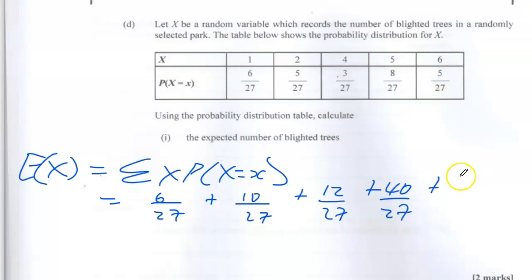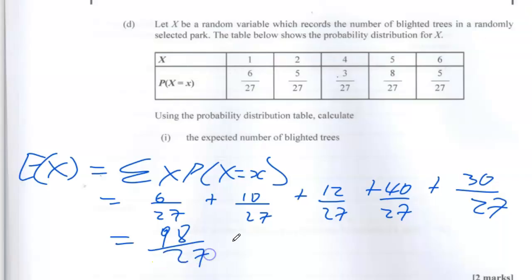And 6 times 5, that's 30 over 27. So you multiply the x value times the probability and sum everything up. Notice we have a common denominator, 27. So if we add all of these values, we'll get 98 over 27. In decimals, that's 3.63, using 2 decimal places.